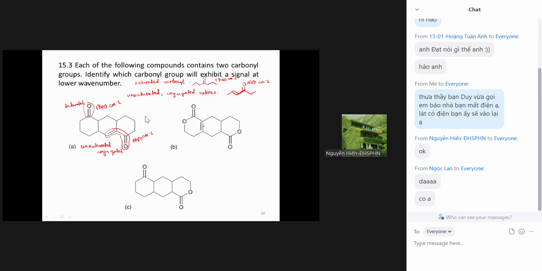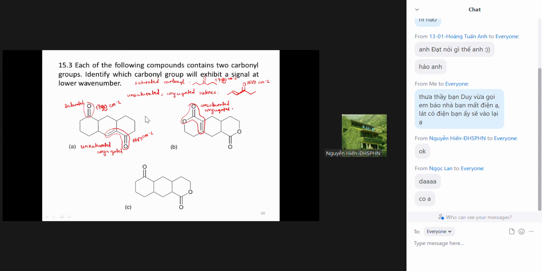In structure B, you have also an unsaturated, sorry, I think this is just 20 for ketones, unsaturated and conjugated.